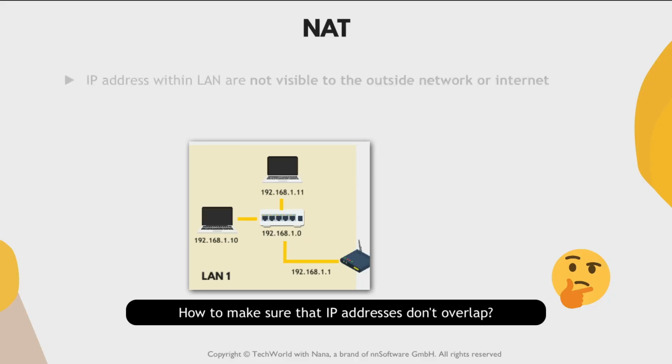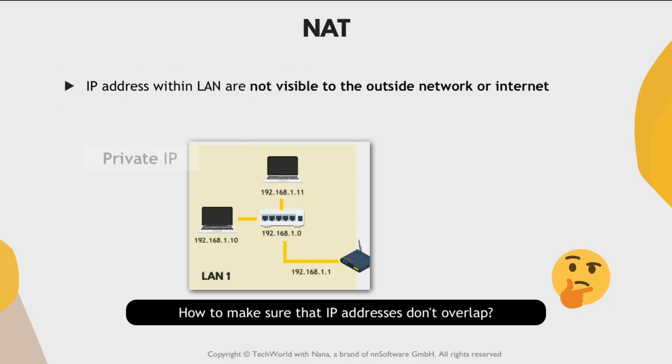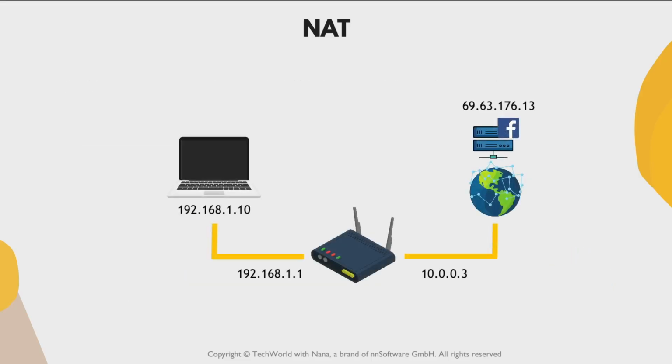Well, the way it works is that the IP addresses of devices that belong to a LAN are not visible to the outside network or internet. So when you send a request to Facebook from your laptop, the IP address from the LAN range does not arrive at the Facebook server. Instead, it's replaced by the IP address of the router.